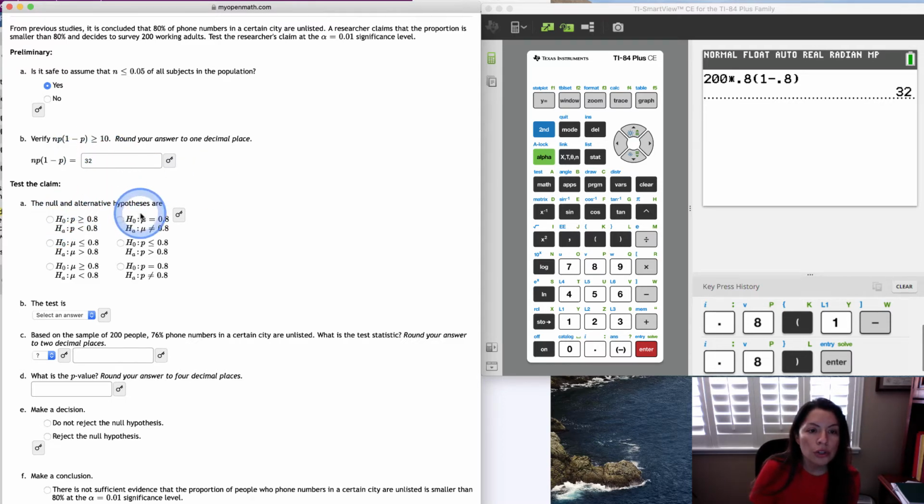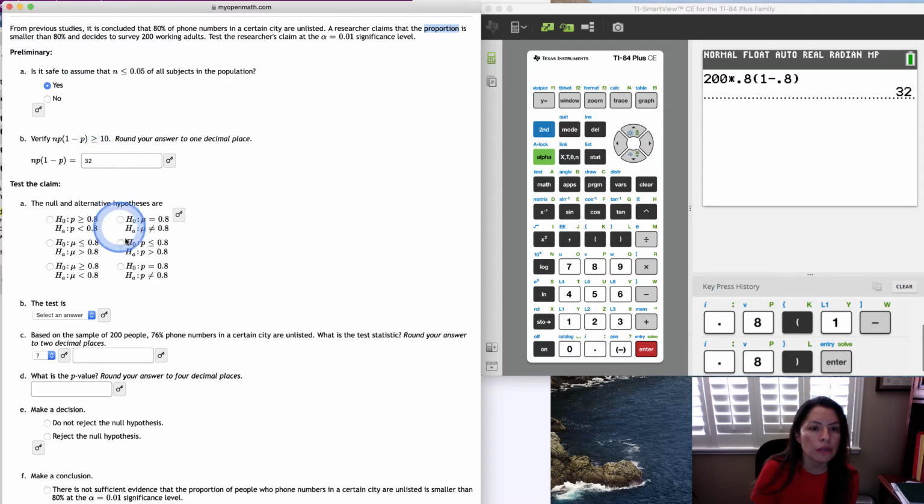So the null and alternative hypothesis, remember the null is status quo, and it'll be a population proportion because it says it right here, proportion. So we're just looking at the p's. So it would be p equal 0.8, or the researcher that claims that the proportion is smaller than 80%.